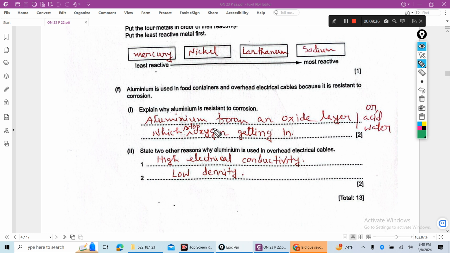Aluminum reacts with oxygen to form a strong coating of aluminum oxide which does not allow oxygen to get in, or you can write, which stops acid or water getting in.